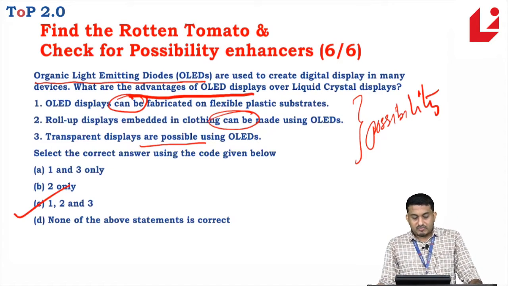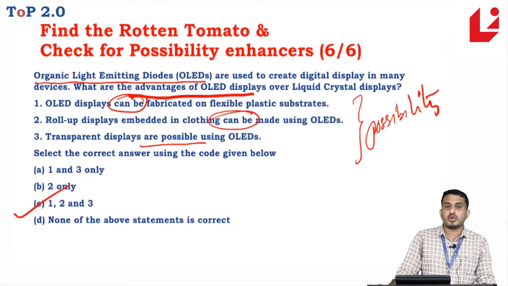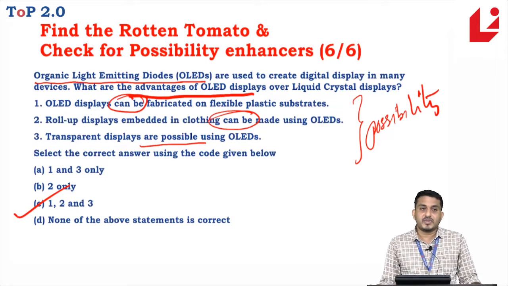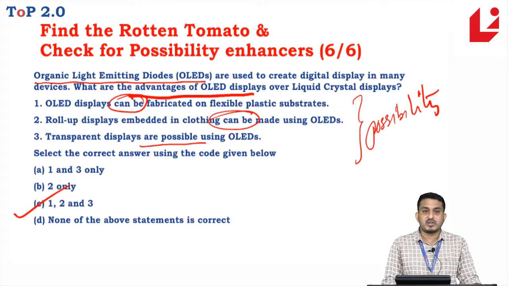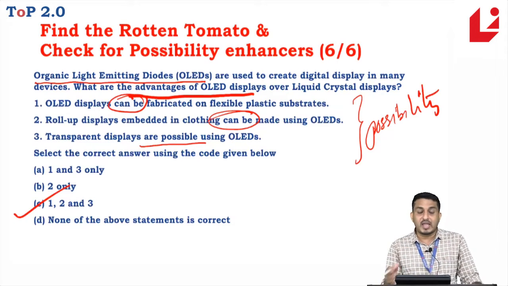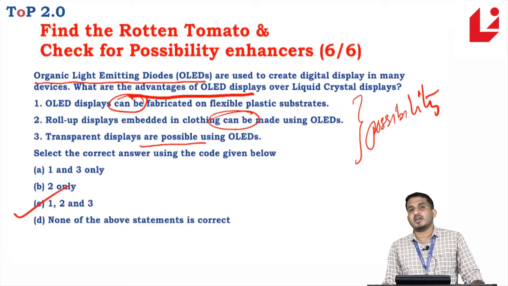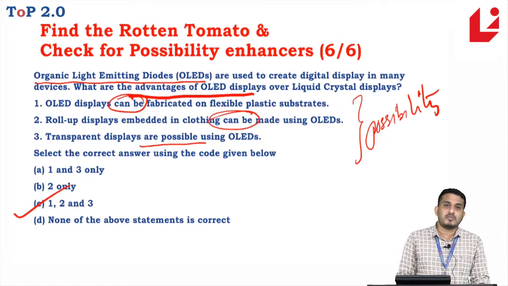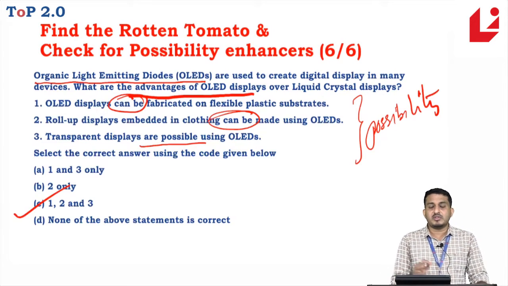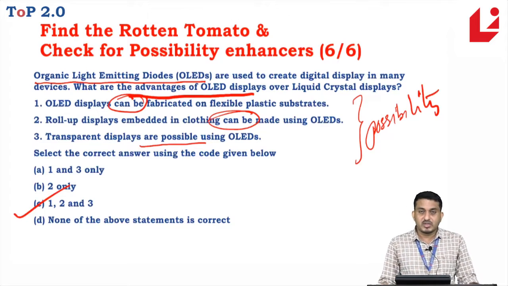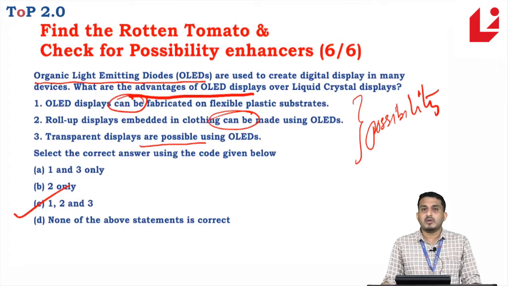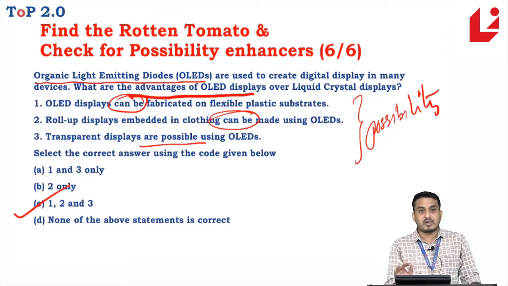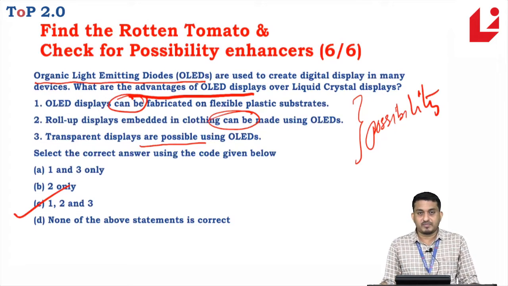So we have done with the first technique, rotten tomato and possibility enhancer. While applying this technique, you need to look for the keywords. Rotten tomatoes like enormously, drastically, all, any, etc. And possibility enhancers such as can, some, many, etc. Because these are the extreme words which are added by the examiner to make the statement completely correct or completely incorrect. Alright.